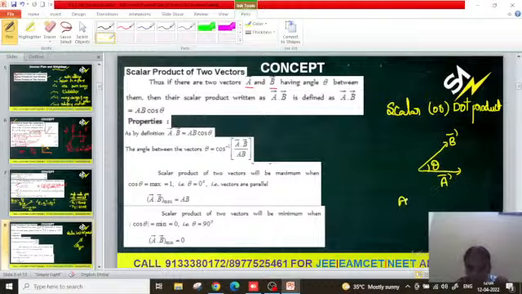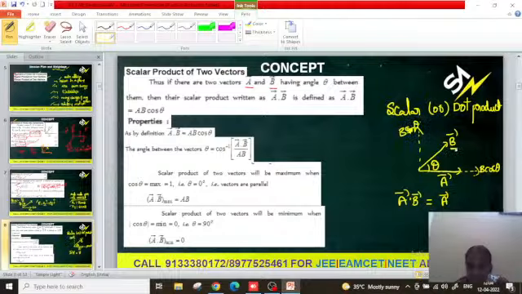Now the dot product of these two vectors, or scalar product of these two vectors, can be written as A bar dot B bar will be equal to the product of vector A and the component of vector B which is along the direction of vector A, because this vector can resolve into its components. In this direction, B cos theta and opposite to the angle B sin theta.